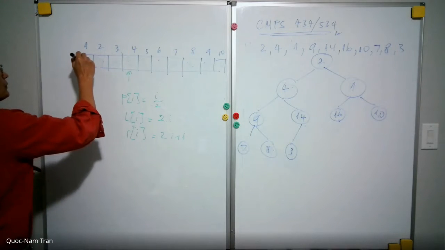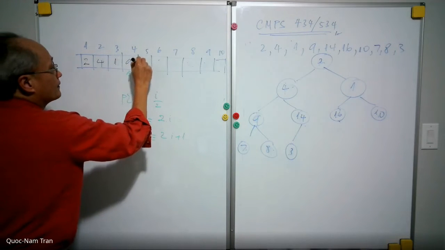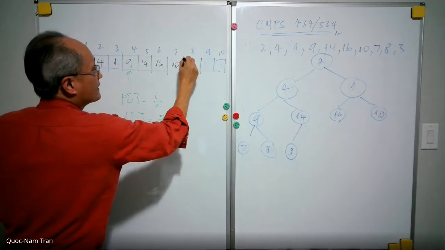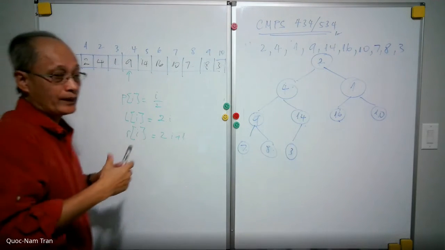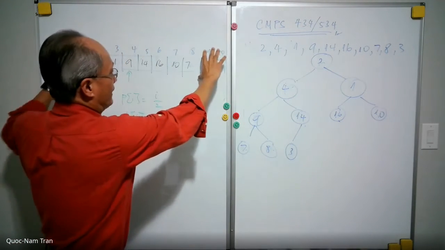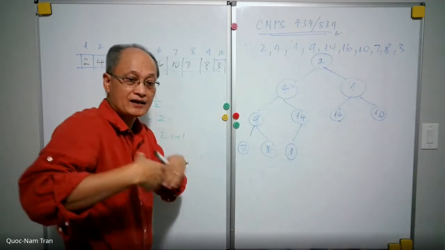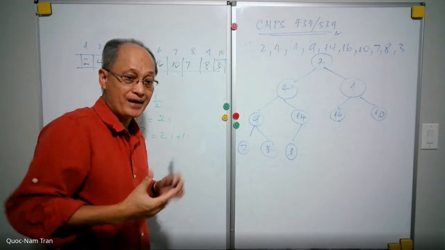So we have 2, 4, 1, 9, 14, 16, 10, 7, 8, and 3. So keep in mind that when we work with heaps, we are working with the array. And I use the tree here as an illustration so we can see the ideas better.